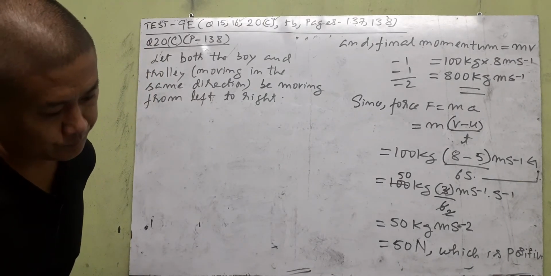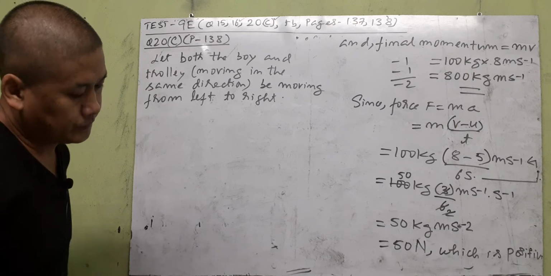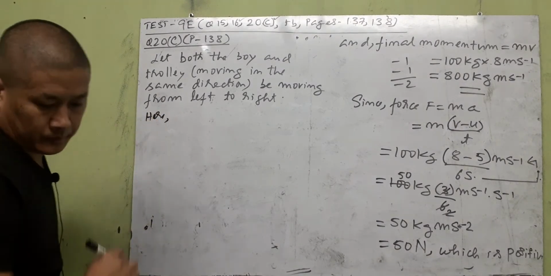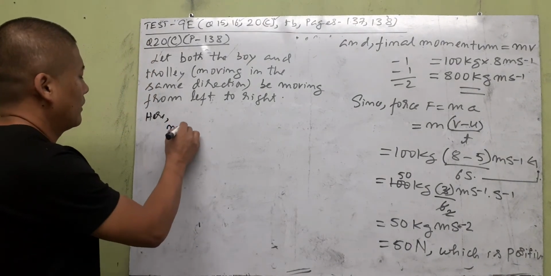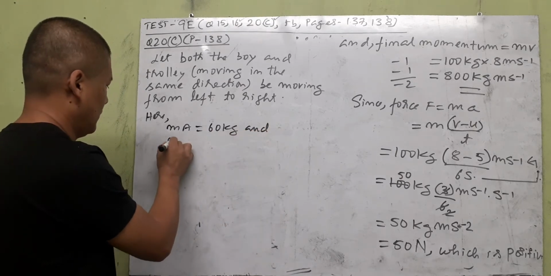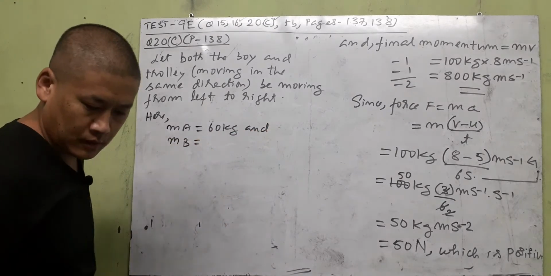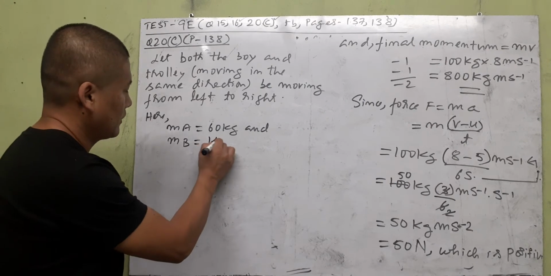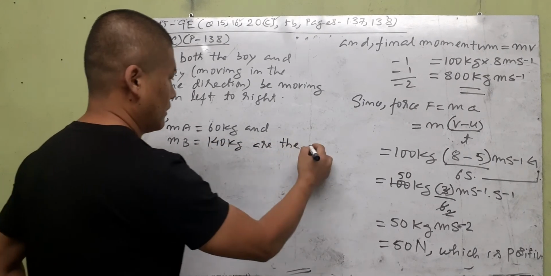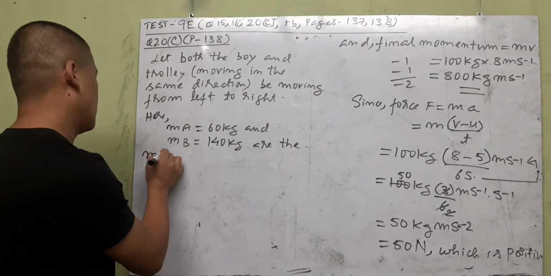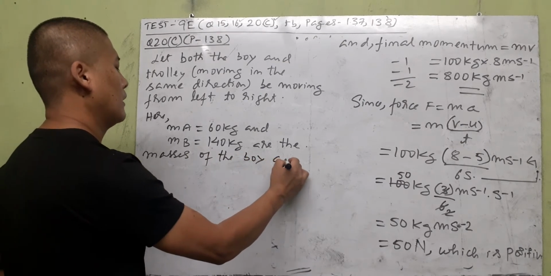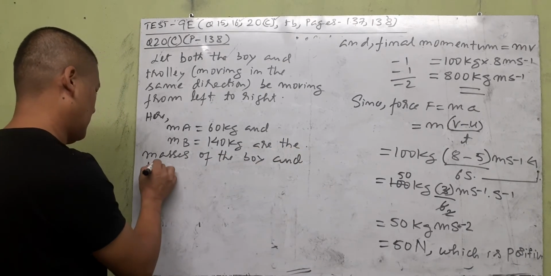So we can write here, MA, mass of the boy 60 kg, and MB is 140 kg, are the masses of the boy and trolley respectively.